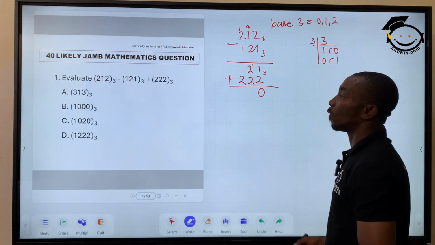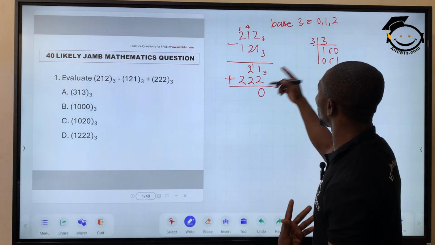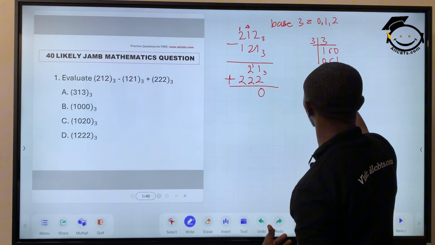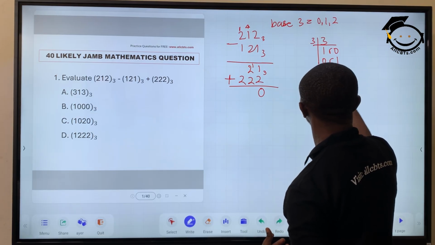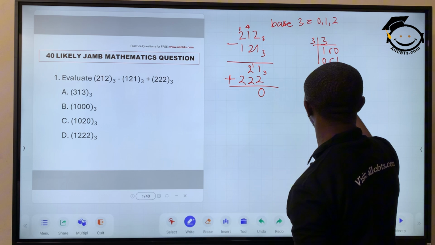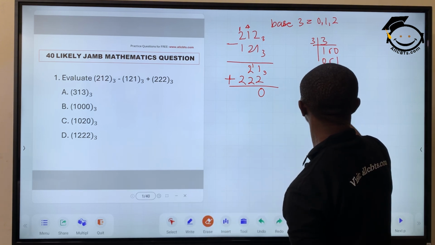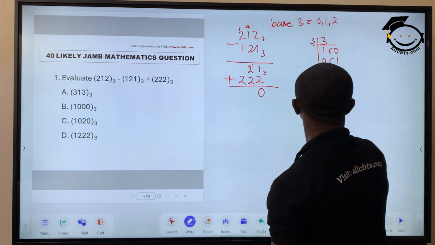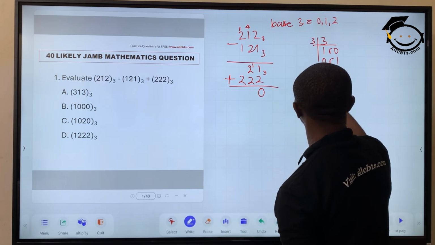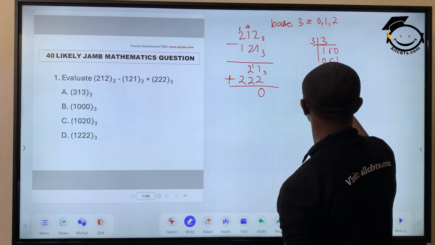2 plus 2, 4, plus 1, 5. 5 is more than 3, so we break it down. We have 5 divided by 3. This would be 1 remainder 2.